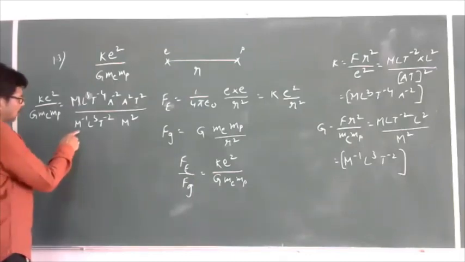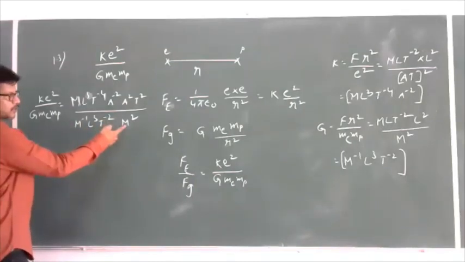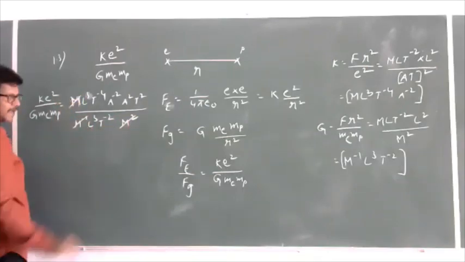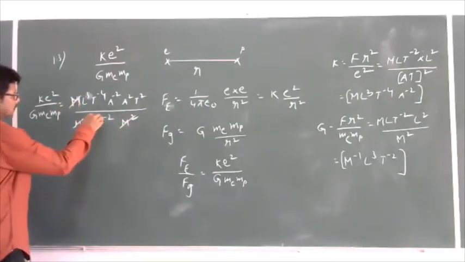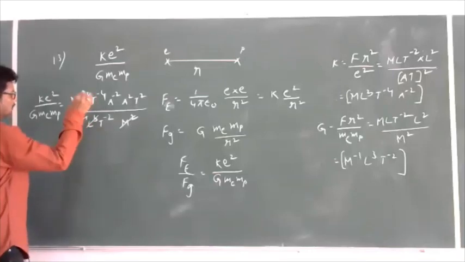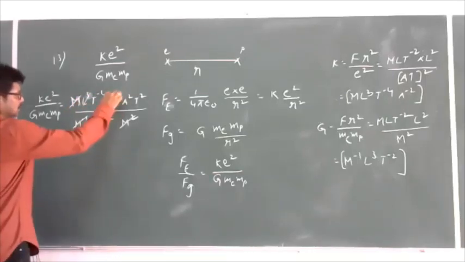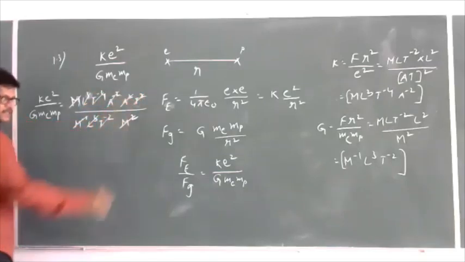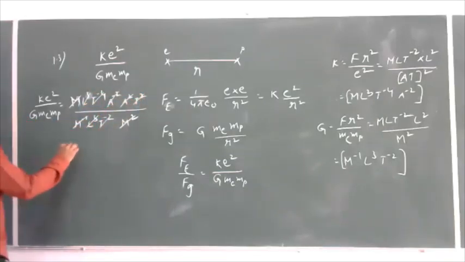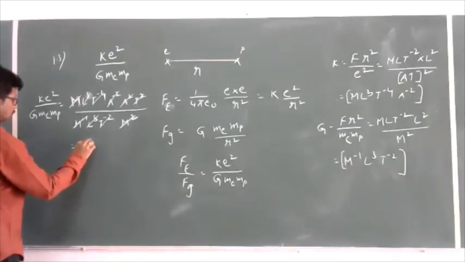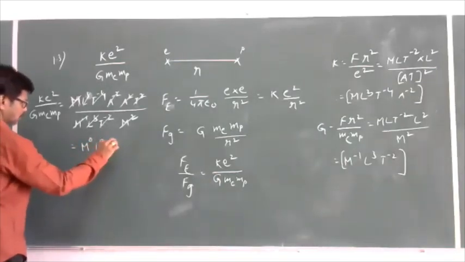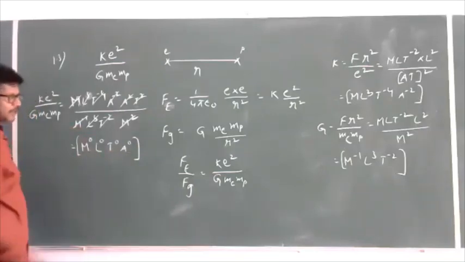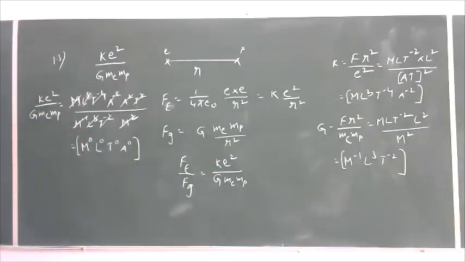Now M to the power of minus 1 into M square, this M will get cancelled. L cube and L cube get cancelled. A gets cancelled. T gets cancelled. Then finally we are going to have M to the power of 0, L to the power of 0, T to the power of 0, A to the power of 0.